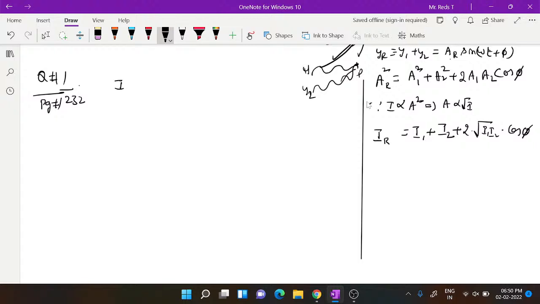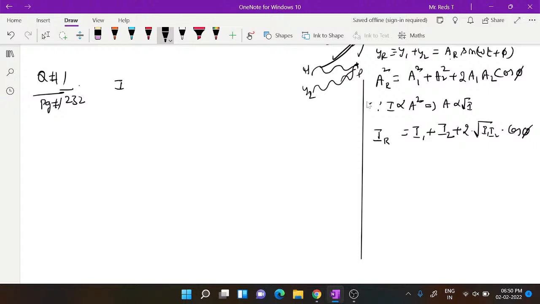Here in double slit experiment we have considered two coherent waves. Coherent waves we considered as having same frequency and constant phase difference, and for getting maxima and minima, we consider equal amplitude waves and hence equal intensity also.